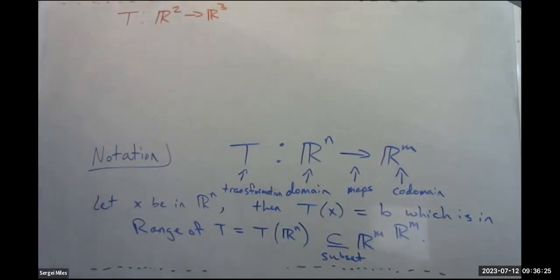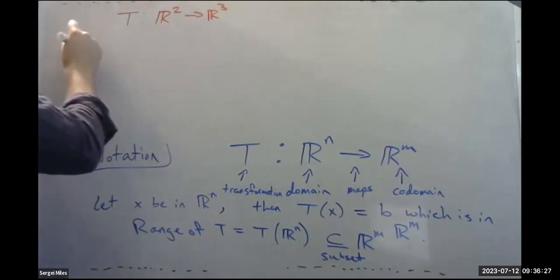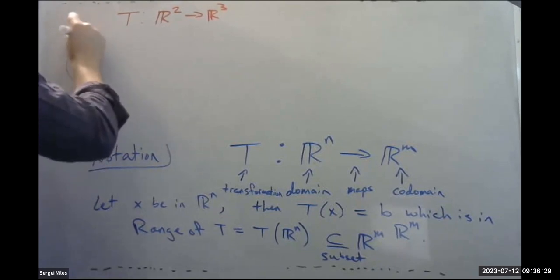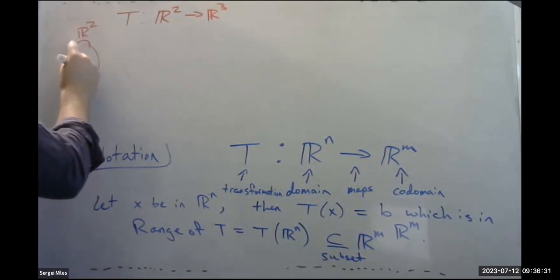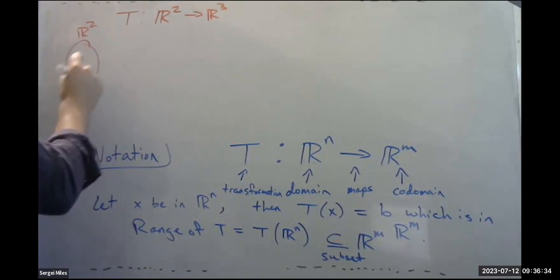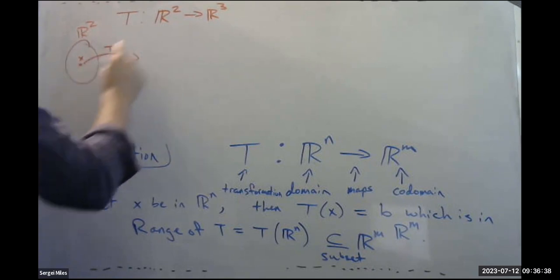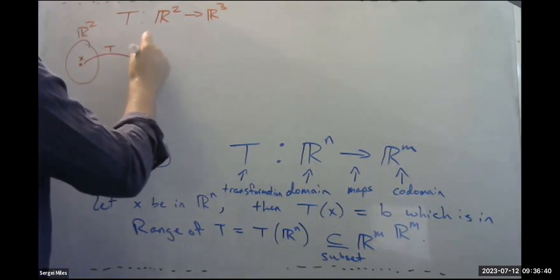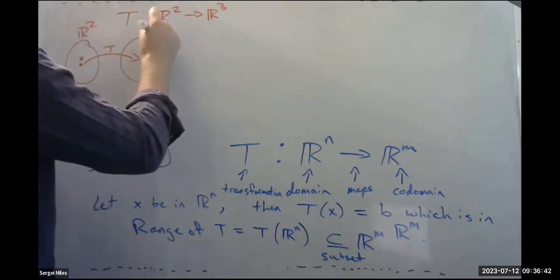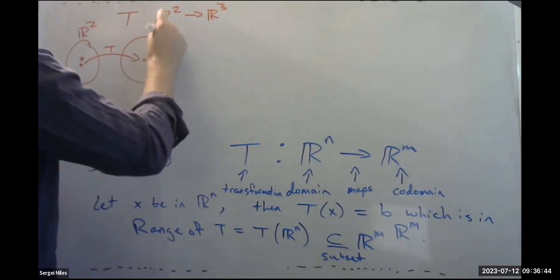Okay, what does this mean? Big picture, that means I'm taking things in R2. This is my domain. These are where my x's are going to be, and they're going to be transformed by T to become new vectors in R3.